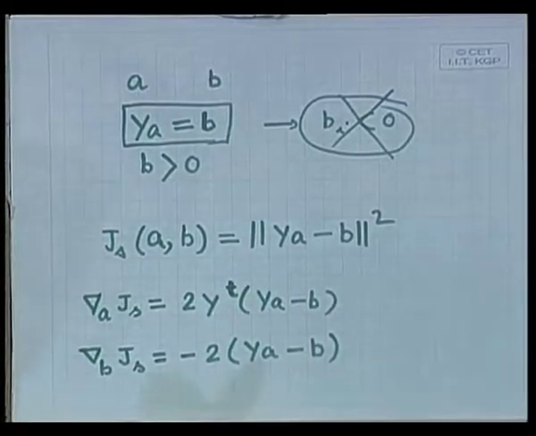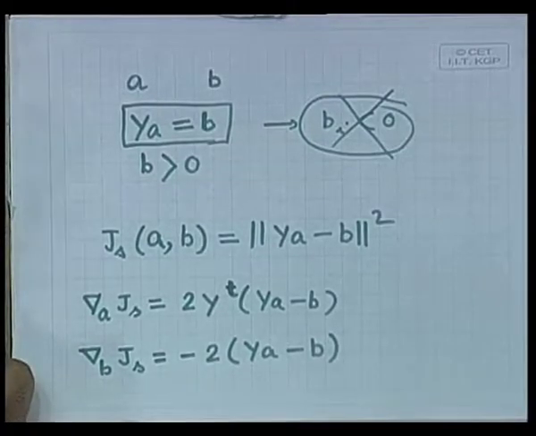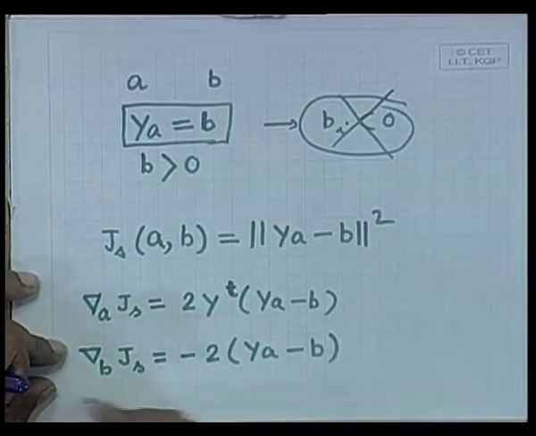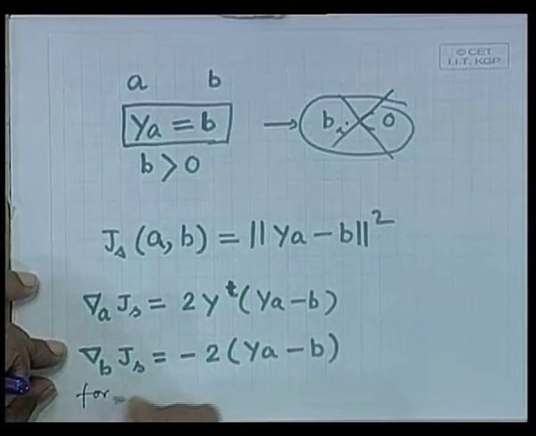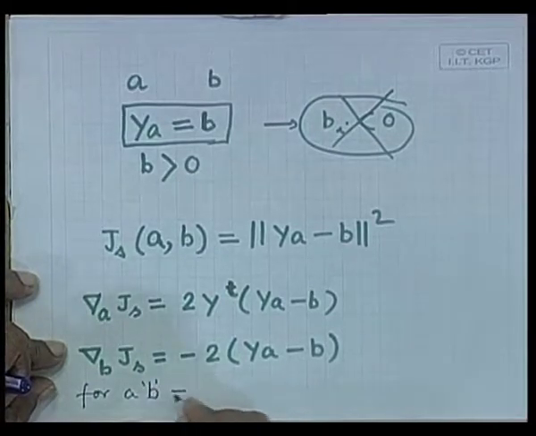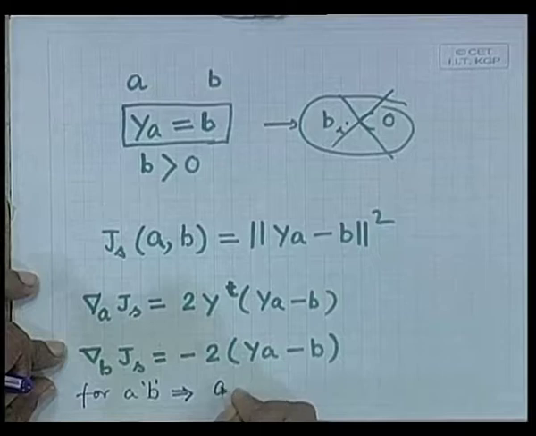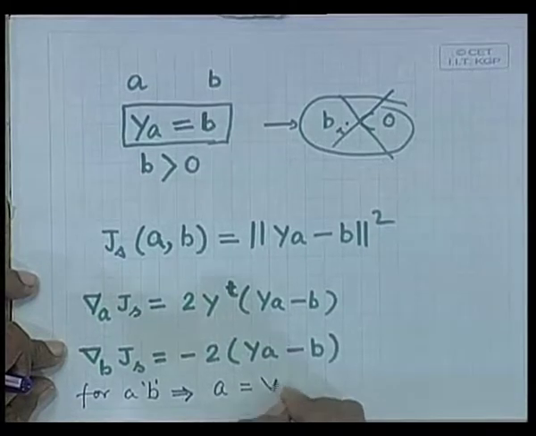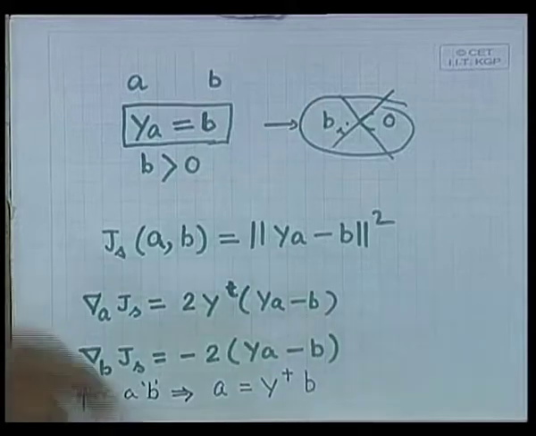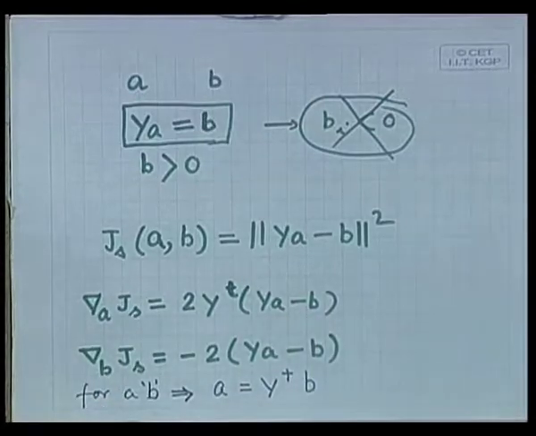Now, once we obtain any value of B, the corresponding weight vector A can be obtained as Y pseudo inverse times B, or we can go for the same iteration which we did when we discussed the mean square error algorithm.